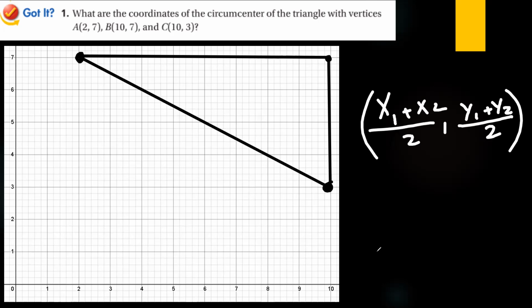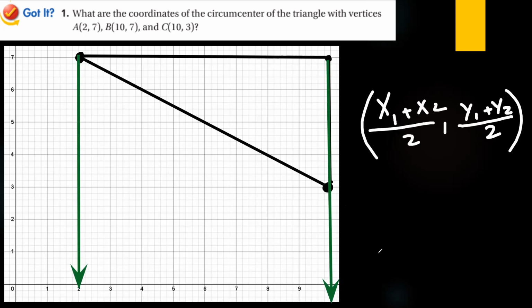Since we have a drawing of the shapes, it's easier for me. I need to find where the midpoint will be. In order to find it, I draw an arrow from this point and another arrow from this point.